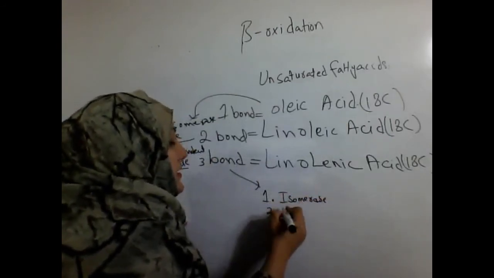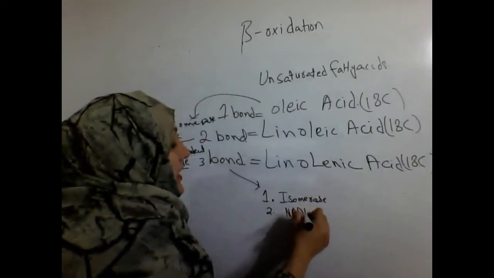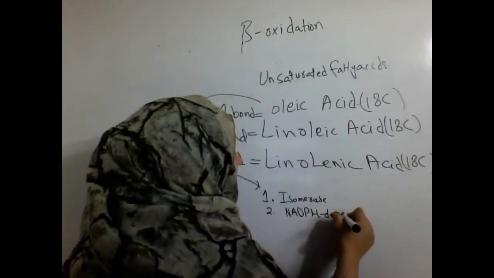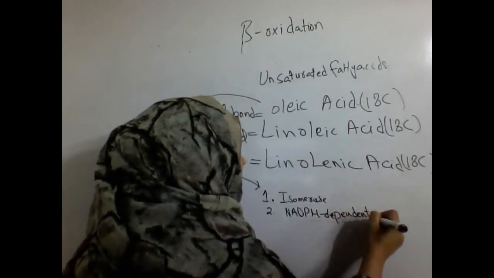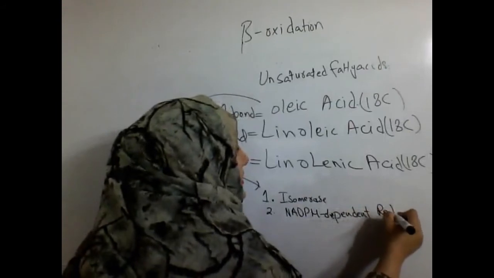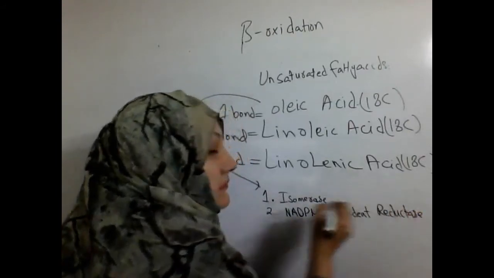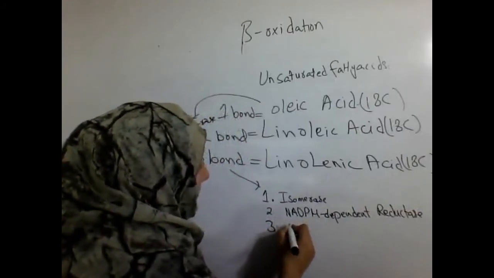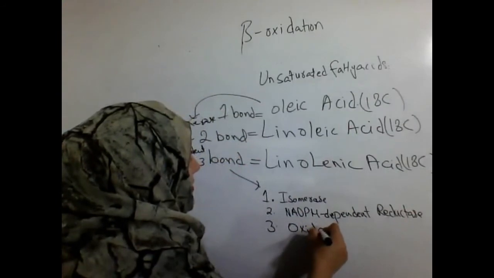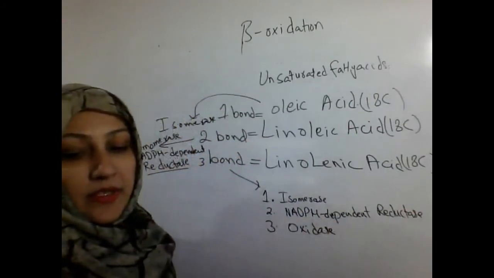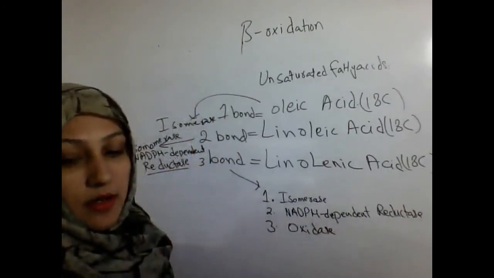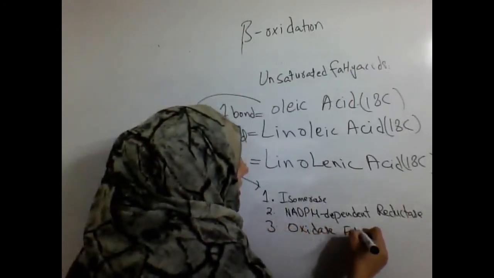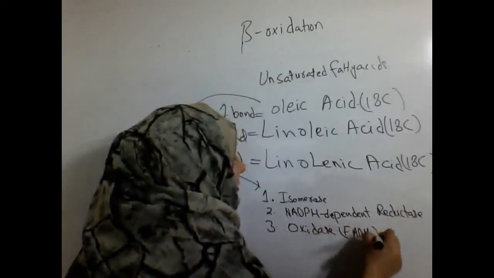The second is removed by the NADPH dependent reductase, and the third double bond is removed by the oxidase enzyme, which uses FADH2 as the coenzyme.